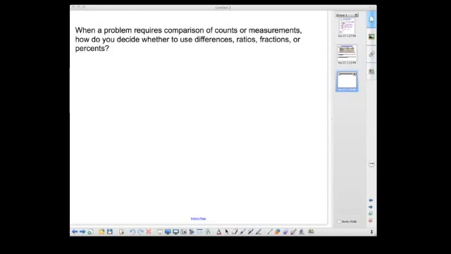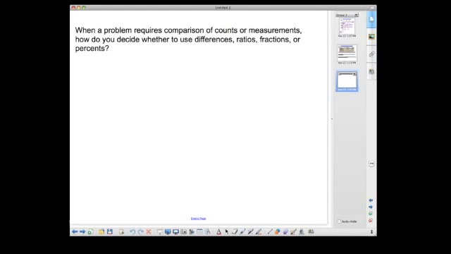So the final stage of this video lecture is going to be when you're thinking about a problem and it requires comparison of counts or measurements, how do you decide whether to use differences, ratios, fractions, or percents? So for the most part, if you have a relatively small number, like our first example comparing 3 to 2, you can choose to write that ratio however you want.